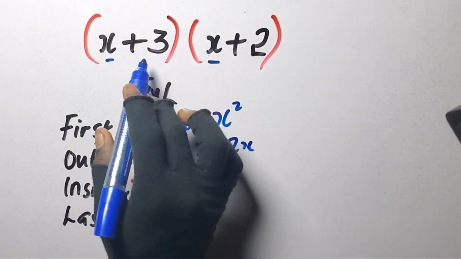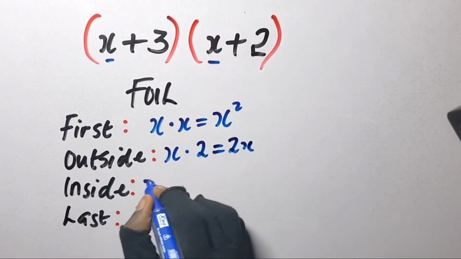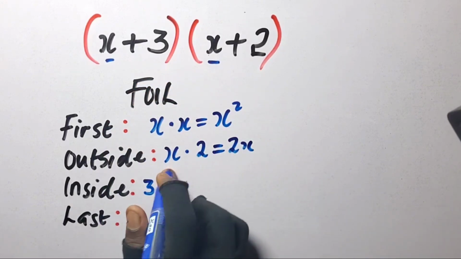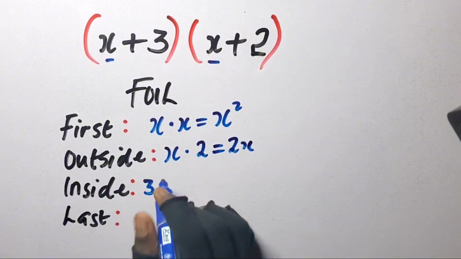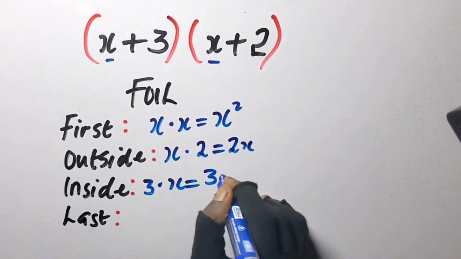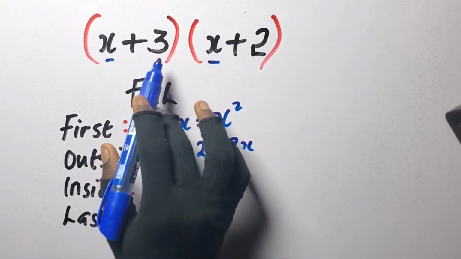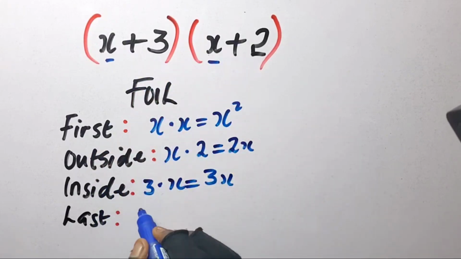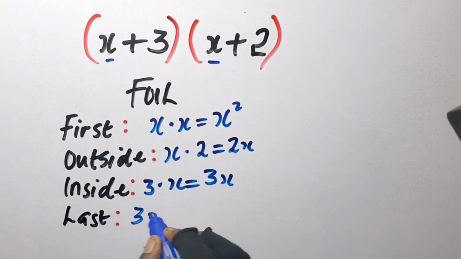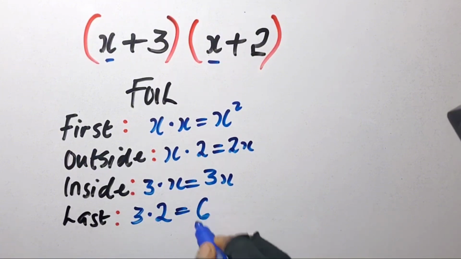So inside 3 and x, that is 3 multiplied by x equal to 3x. To the last, that is 3 and 3. 3 multiplied by 2 equal to 6.